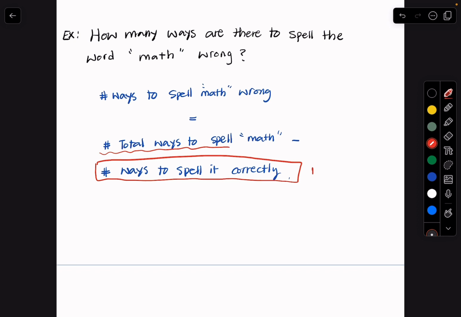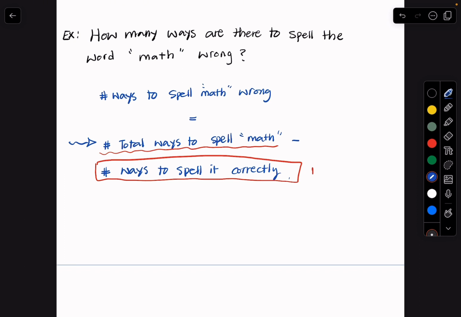So basically, if I can find the number of total ways to spell the word M-A-T-H, the question will just be solved. So remember that when we see a counting question, the first thing we need to think about is multiplication principle.